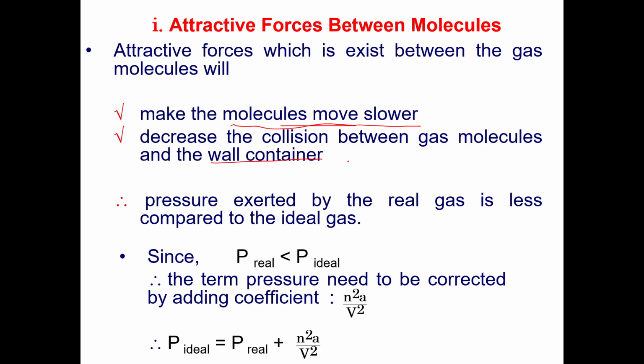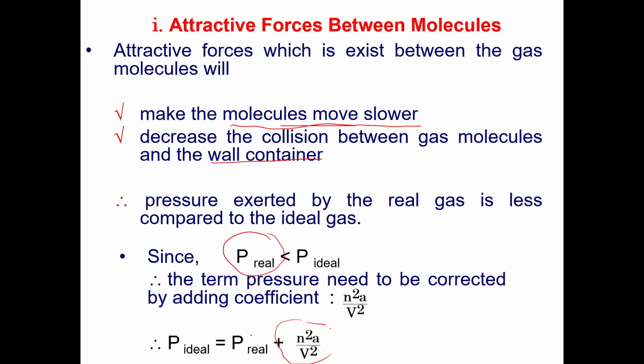So, bila pelanggaran tu semakin berkurang, meaning untuk real gas, okay, pressure yang sepatutnya akan kecil daripada pressure ideal gas. Jadi, kita akan correct untuk ideal gas equation dengan menambah faktor yang ini.